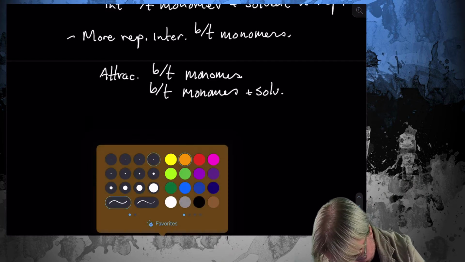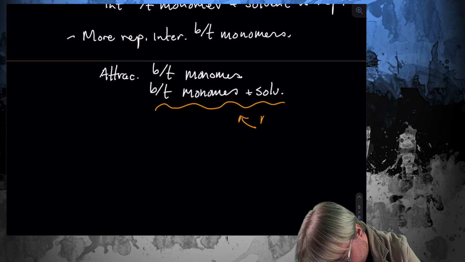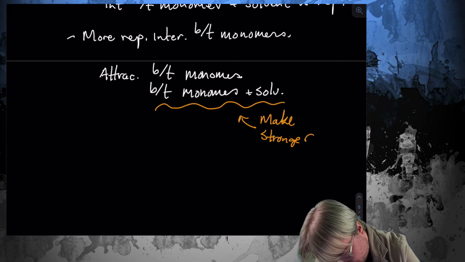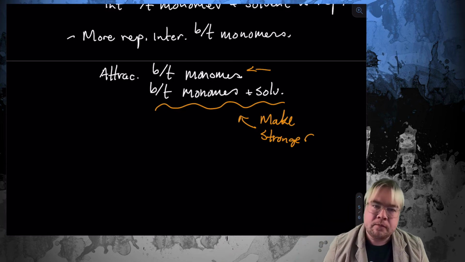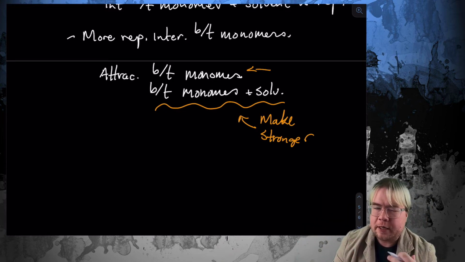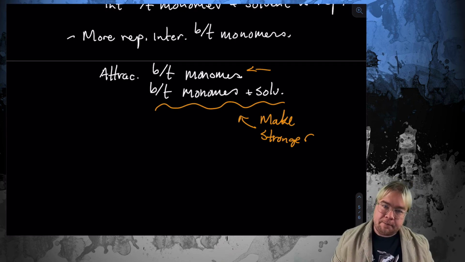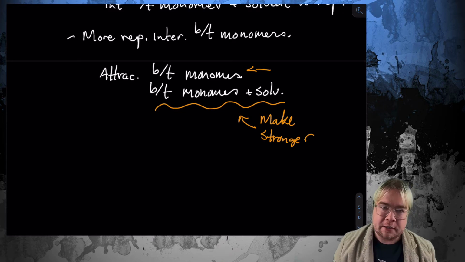So that means that this interaction here, so we'll make it stronger than this right here. What's going to happen? Well, the monomers, again, are going to want to be in contact with the solvent, because that attractive interaction is very, very favorable compared to being attracted to the monomers.